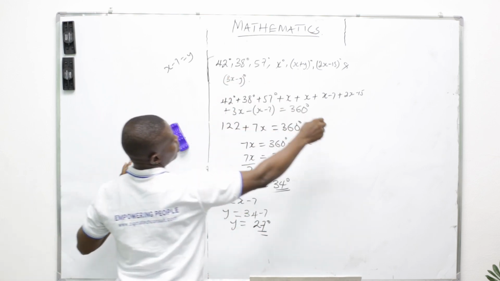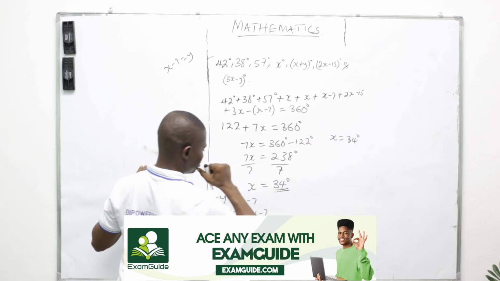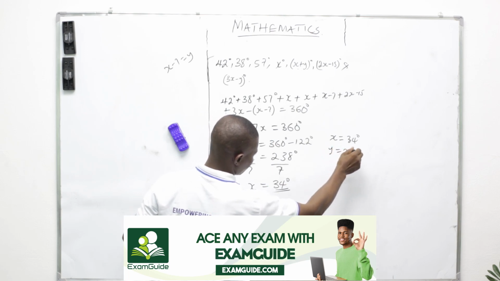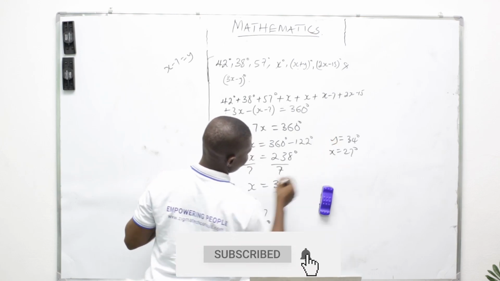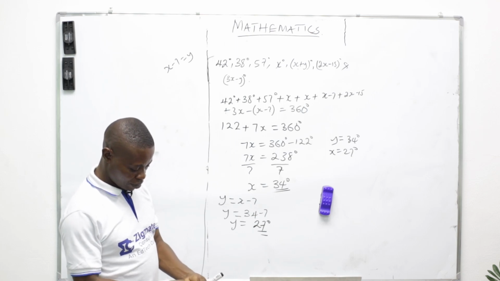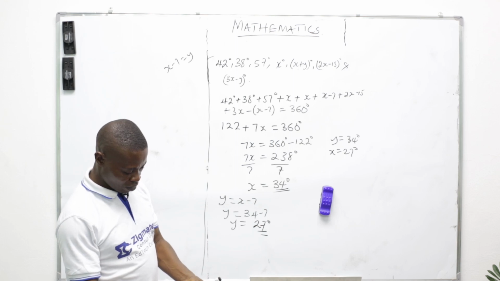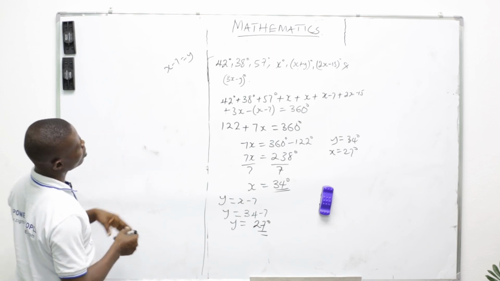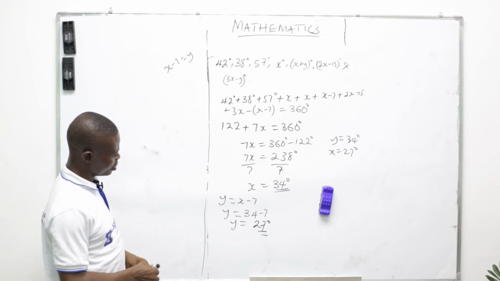So hence, s equals 34 degrees. y equals 27 degrees. No, s is 27 degrees because it's less than y, and y equals 34 degrees.